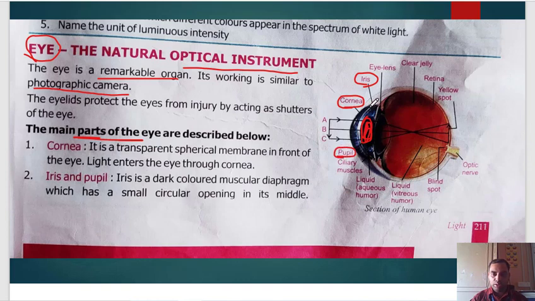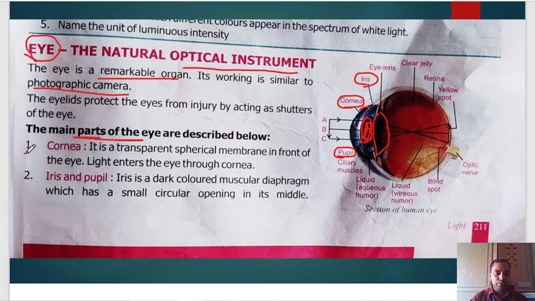This is the cornea, the center one is the pupil, and this is the iris. This is one lens. This is the eye lens.